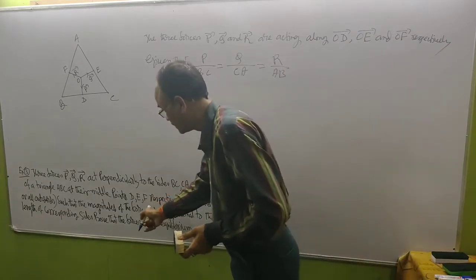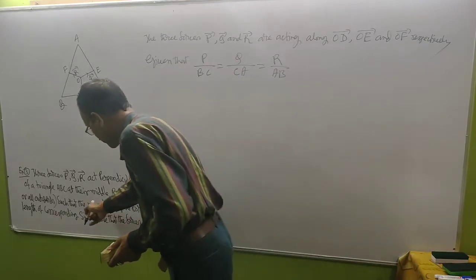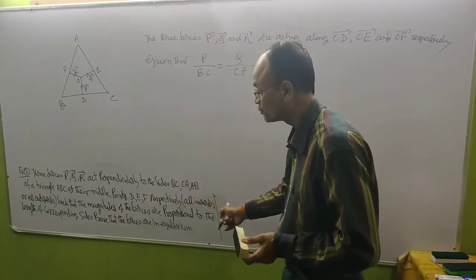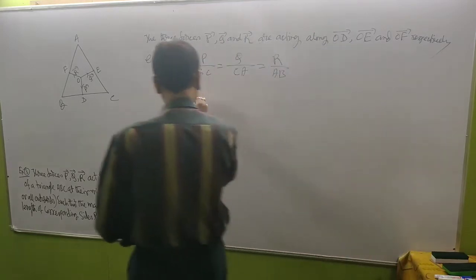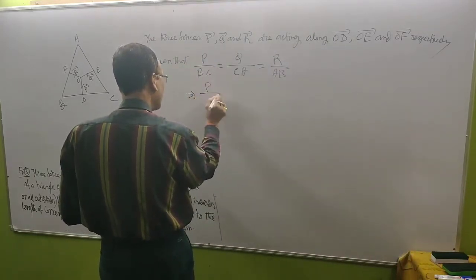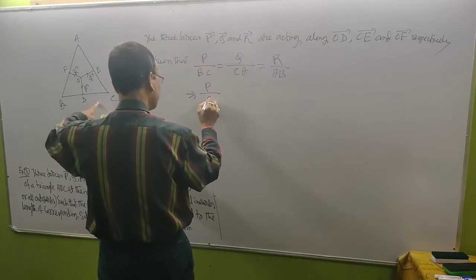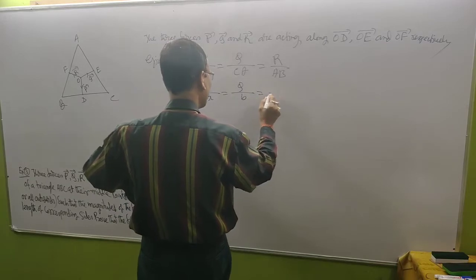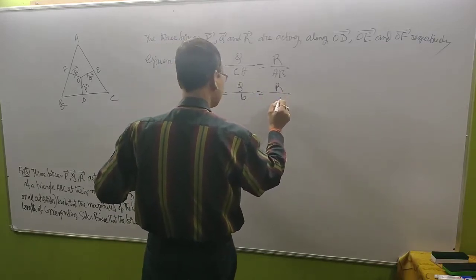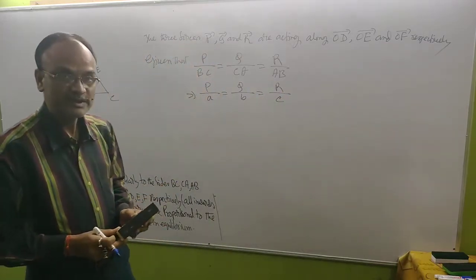The magnitudes of the forces are proportional to the length of the corresponding sides. This means P by BC is equal to K, CA means it is B, AB it is C.